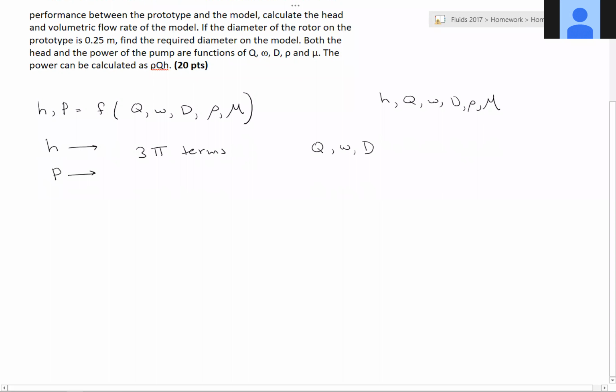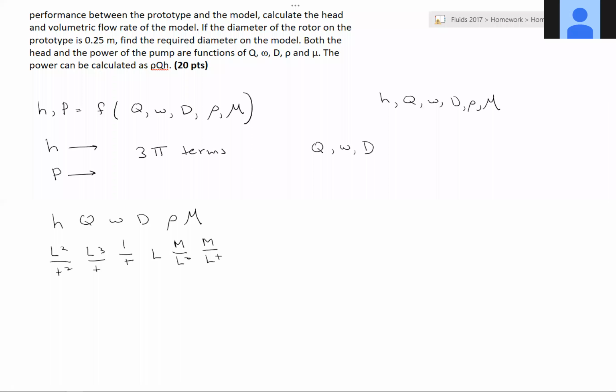So I'll start with H, Q, omega, D, rho, and mu, and I looked at their dimensions: 1 over T, L, M over L cubed, and M over LT. Just looking at these, what would you choose?